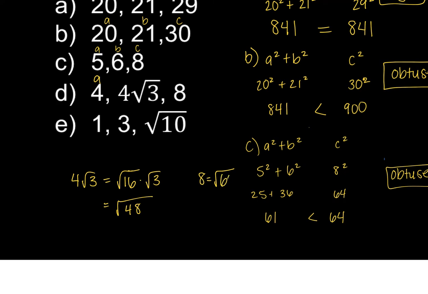Okay? Which one's bigger, the square root of 64 or the square root of 48? Square root of 64 is bigger. So 8 has to be our C. And 4 root 3 is going to be our B. This is all letter D, by the way.